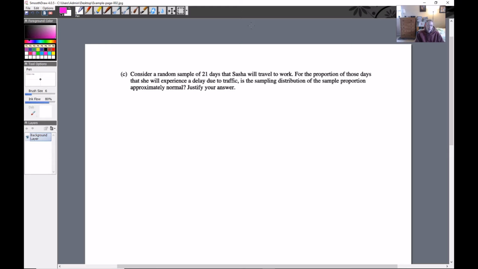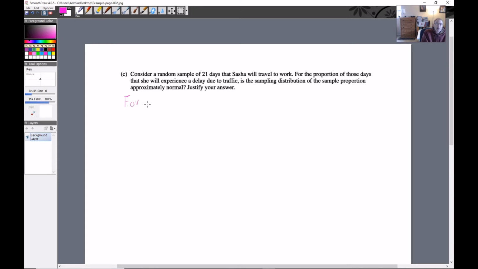And justify your answer. All right, you would have no way of knowing how to answer this, but I am going to answer it for you, and maybe it'll resonate a little bit with what we had, for conditions for a normal approximation. All right, so this is what I wrote for mine.